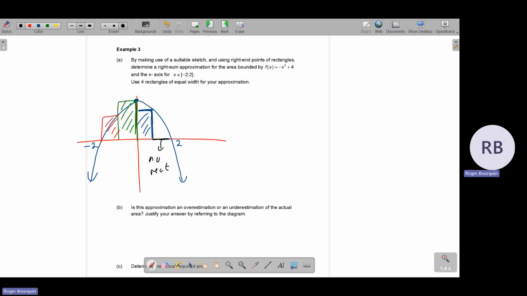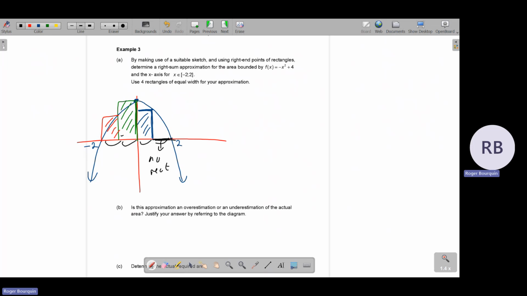Rectangle there. So what do we have to do if it's a right upper sum? You have to go to the rectangle. The right boundary must be on the function. So if there are 4 rectangles, you'll have 1, 2, 3, 4. There's the right boundary, there's the right boundary, there's the right boundary. But over here, the right boundary is 0.